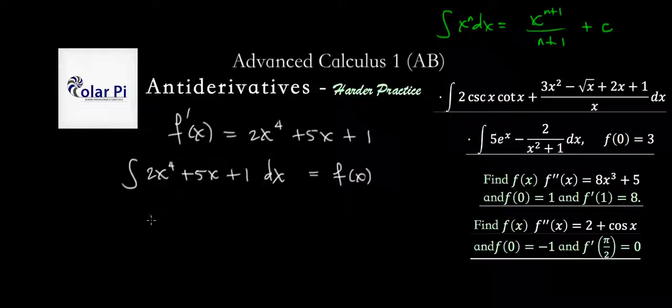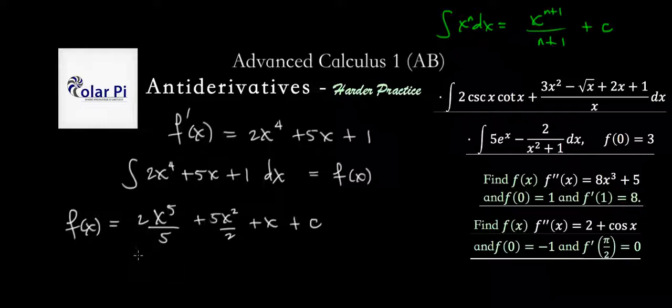You get that if we use the power rule, you get x to the 5th over 5, right? Okay, and then plus 5x squared over 2, and then plus x, and then plus c, right? And this is supposedly f of x, right?